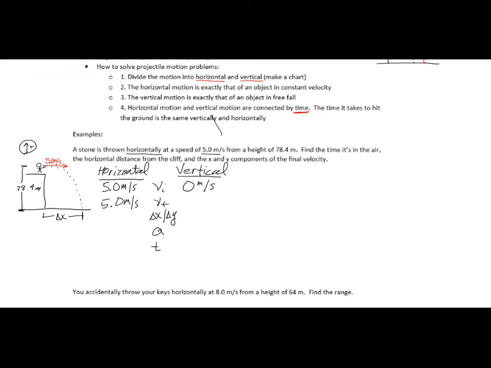all the time. All right, so this is the distance that the rock falls. So that is the vertical displacement. And then we know that the acceleration of gravity is a constant value. I'm going to use 10 meters per second squared. So it's negative 10 meters per second squared.